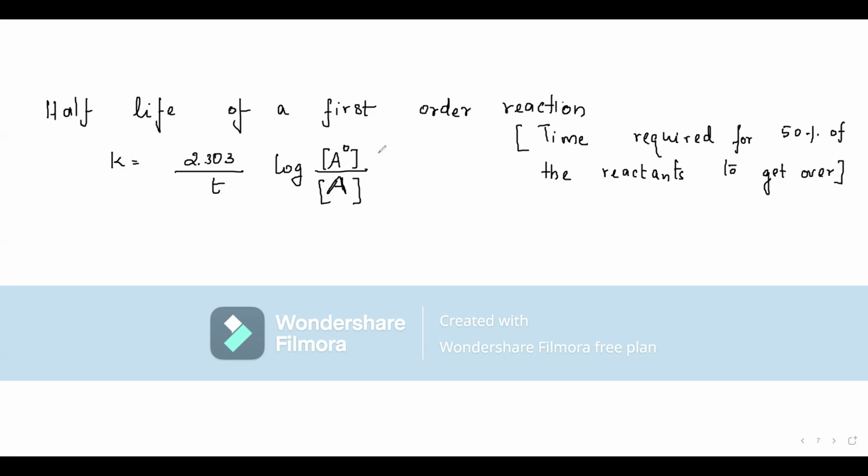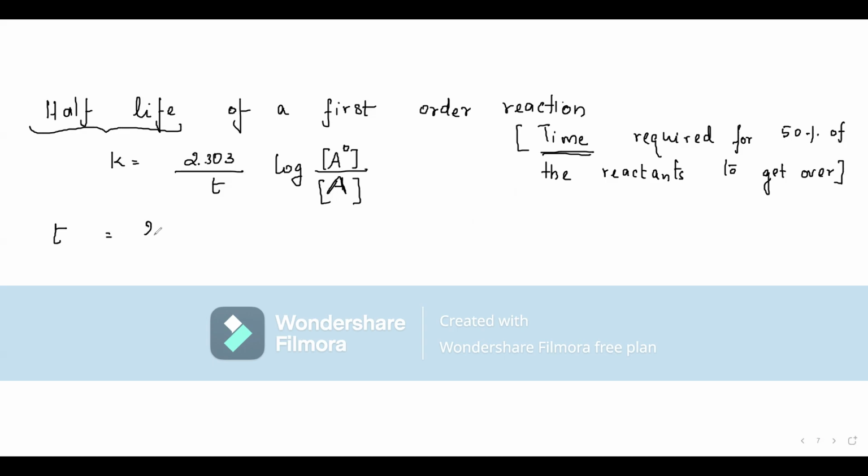So first I have written here the integrated rate expression. Now I'll take T to the right side because now I am explaining half-life, which is the time required for 50% of the reaction to get over.